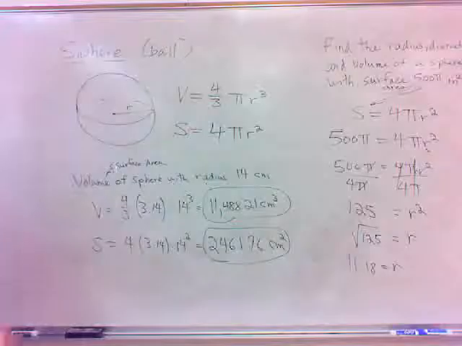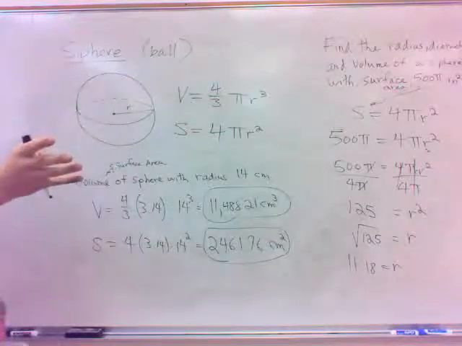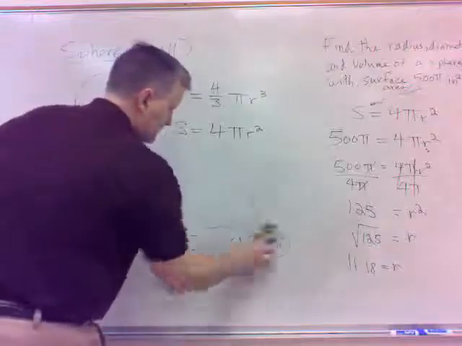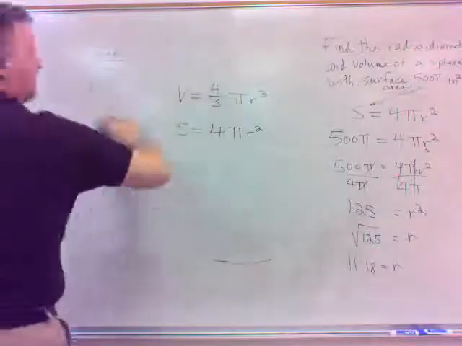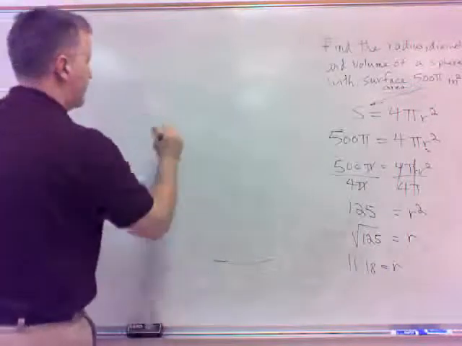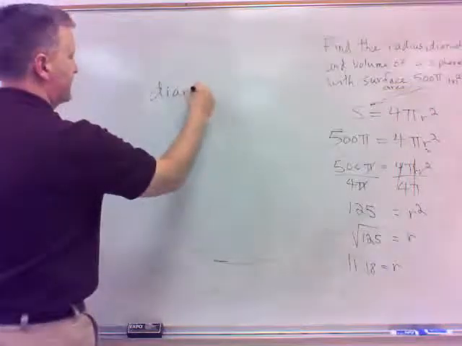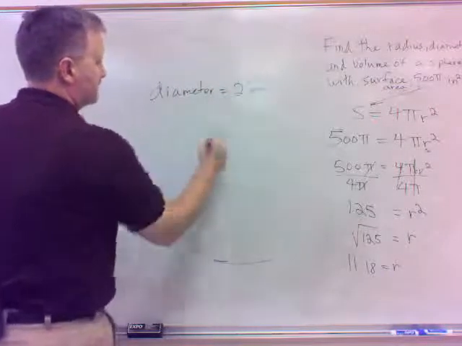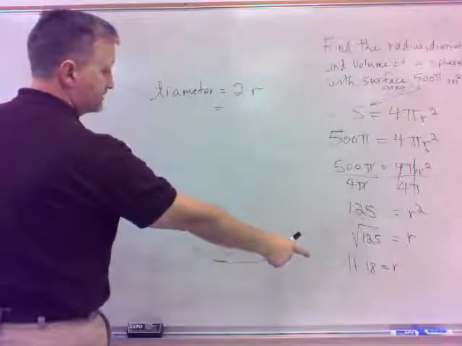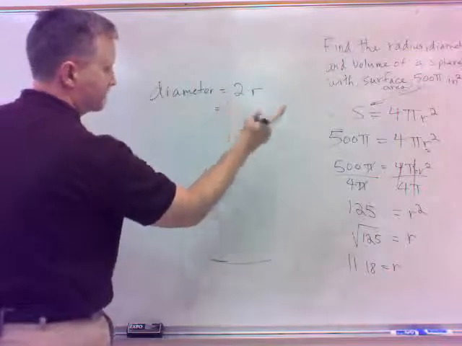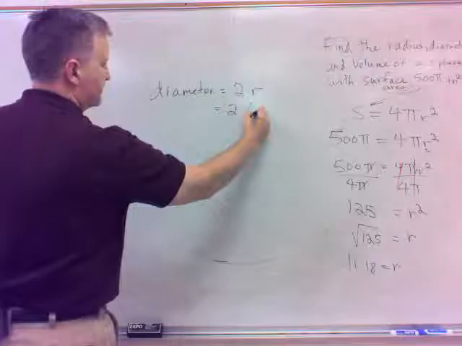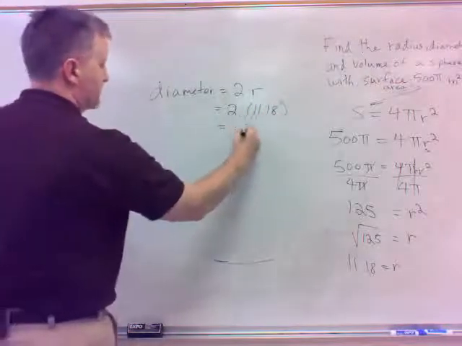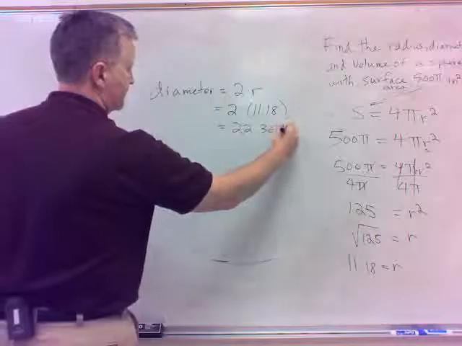So if we've got the surface area, yeah, we can find the radius, going through a similar process. Now, for the others, your diameter, what do we know about diameter? Well, it's twice the radius. So if the radius is 11.18 inches, the diameter is going to be 2 times 11.18, so that's 22.36 inches for the diameter.